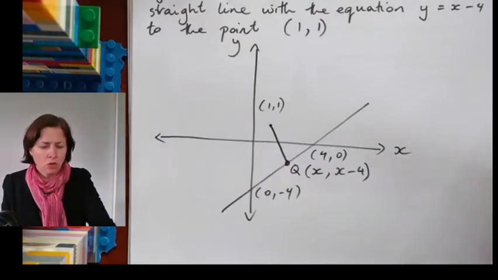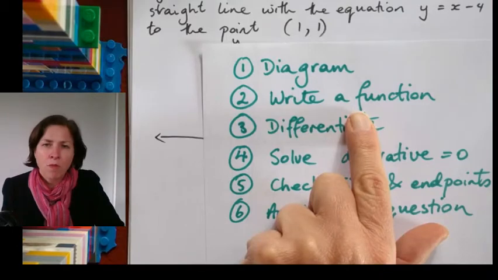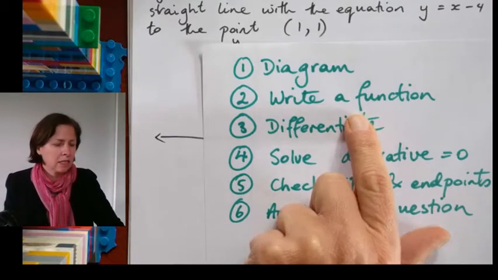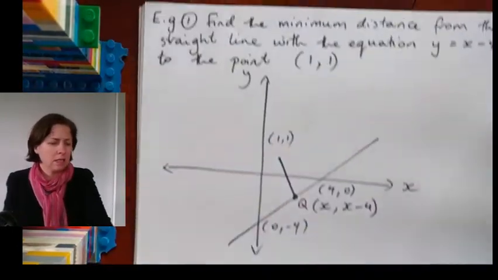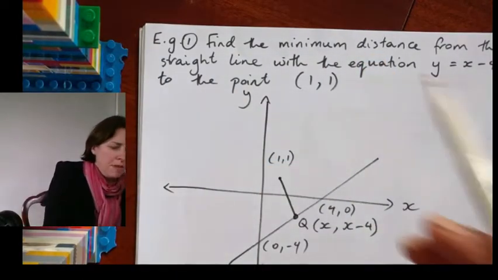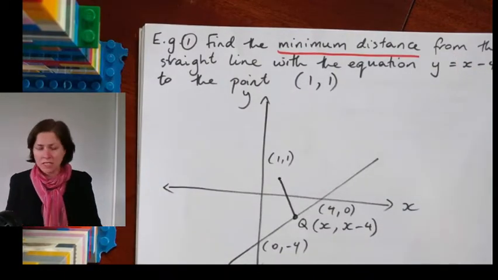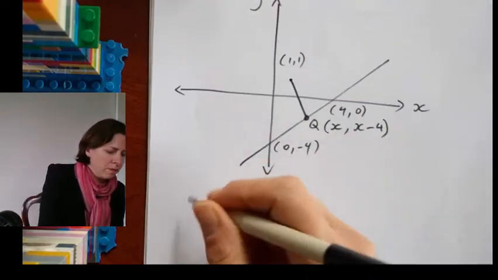So what I need to do is write a function for the variable that is to be minimized. The thing I want to minimize is the distance, right? So here are my clues. Minimum distance. I need to find a minimum of the distance, so I need d in terms of something.